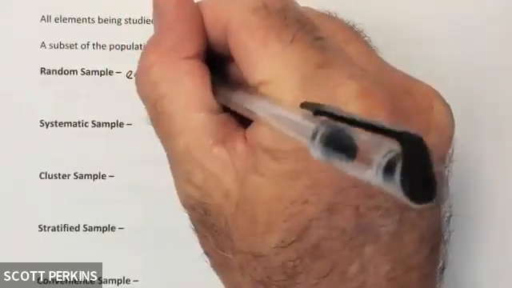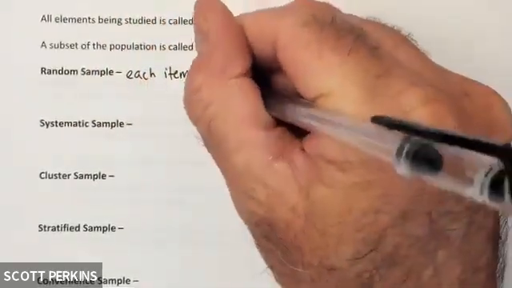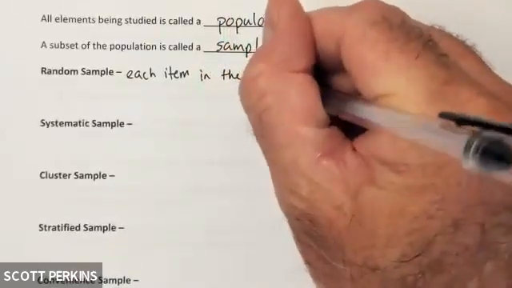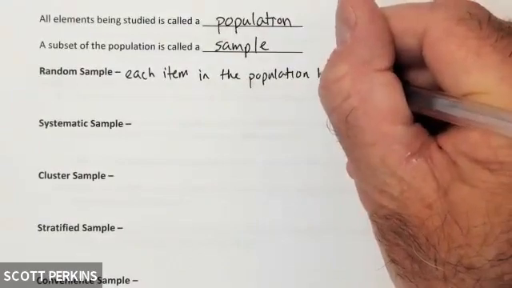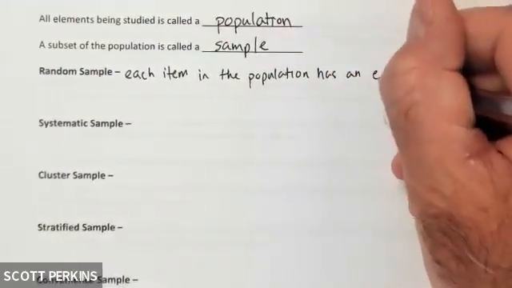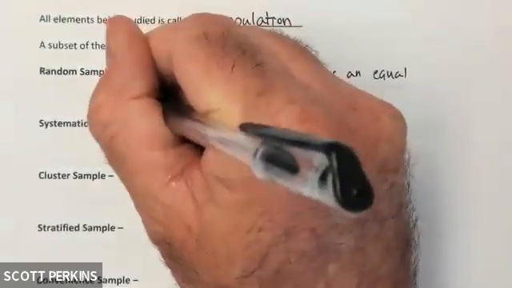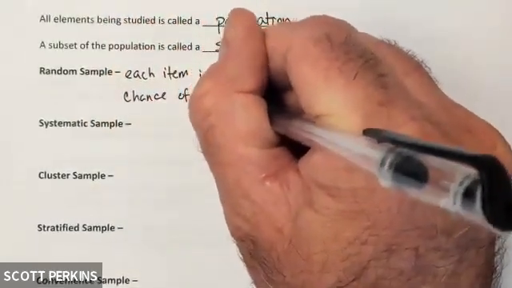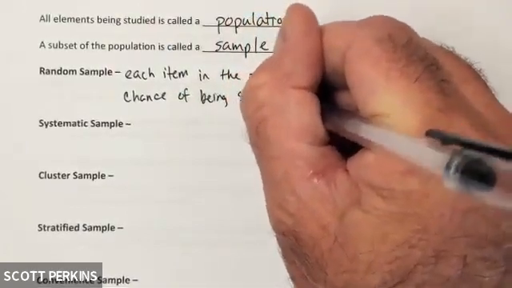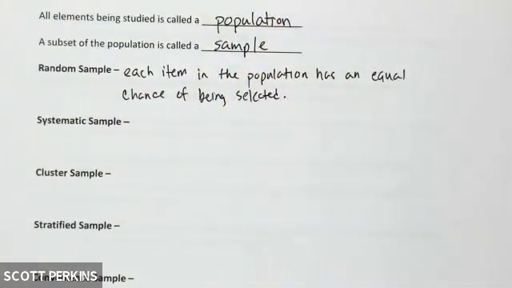So I'm going to write that down: each item in the population has an equal chance of being selected.